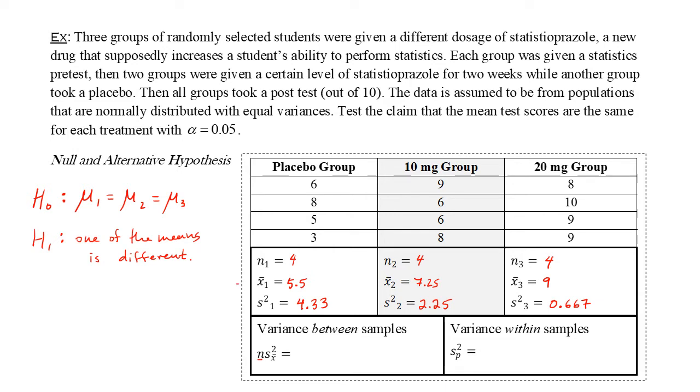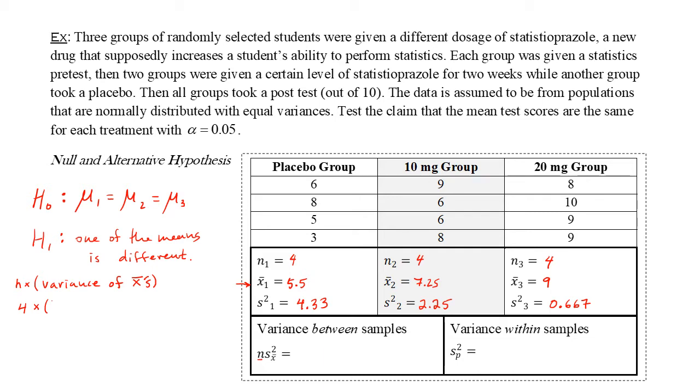So we have the 3 x bars here. We're going to do n times the variance of those three values, 5.5, 7.25, and 9. In this case, it'll be 4 times the variance between these three numbers.